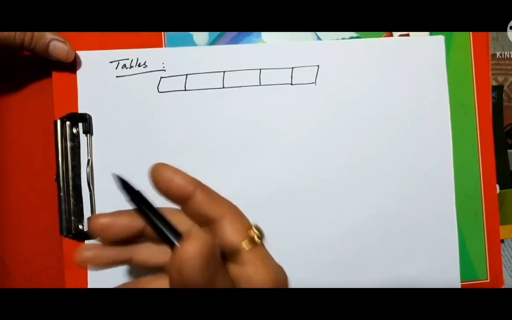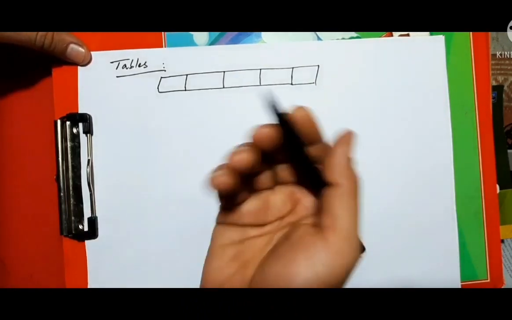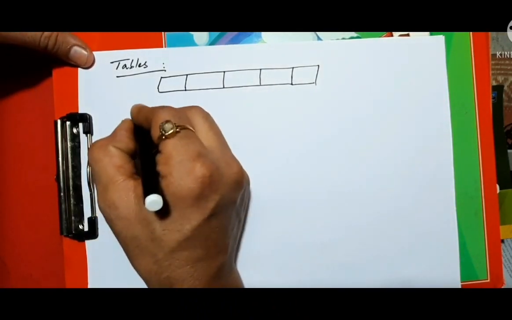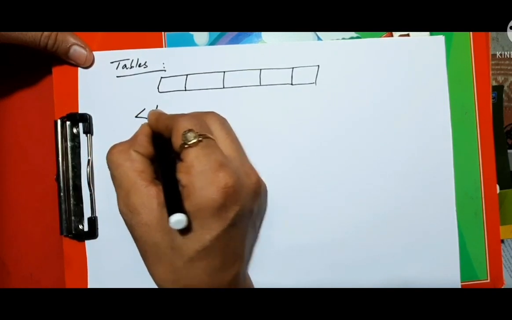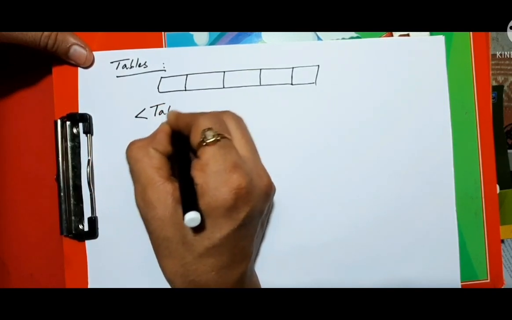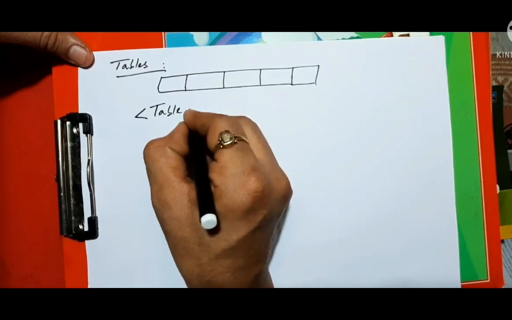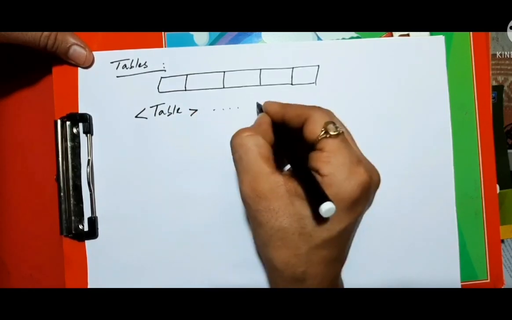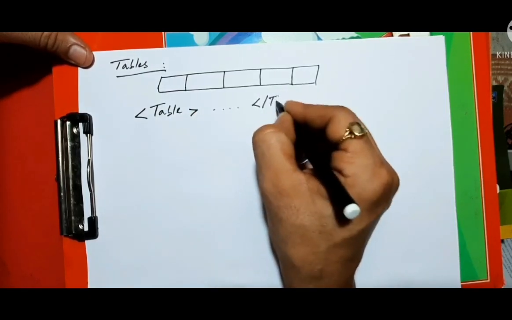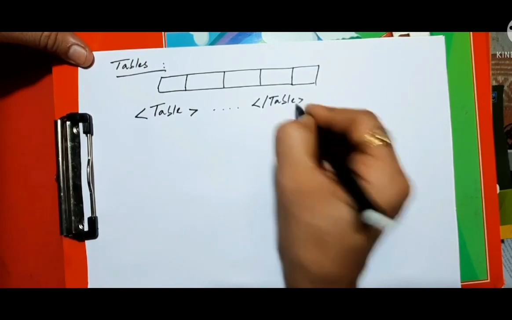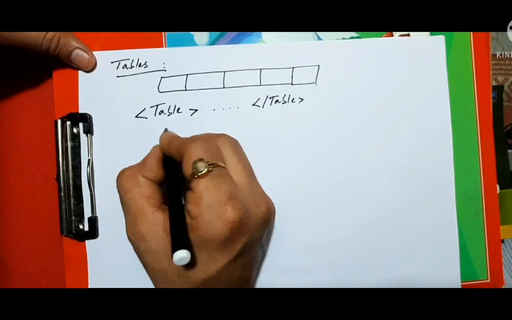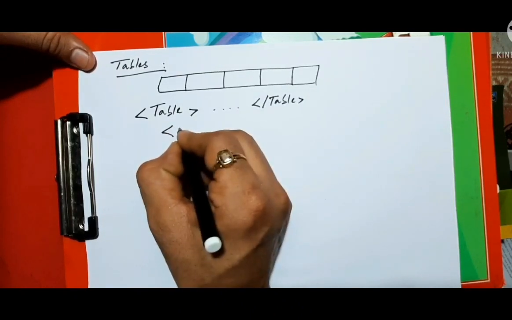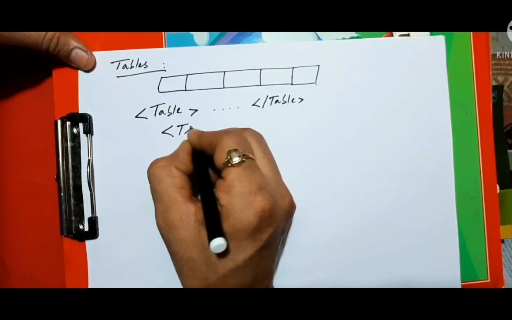So now what are the different tags which are associated with the tables? Let me show you. The main tag is table. Within this table tag, we use the tr tag.